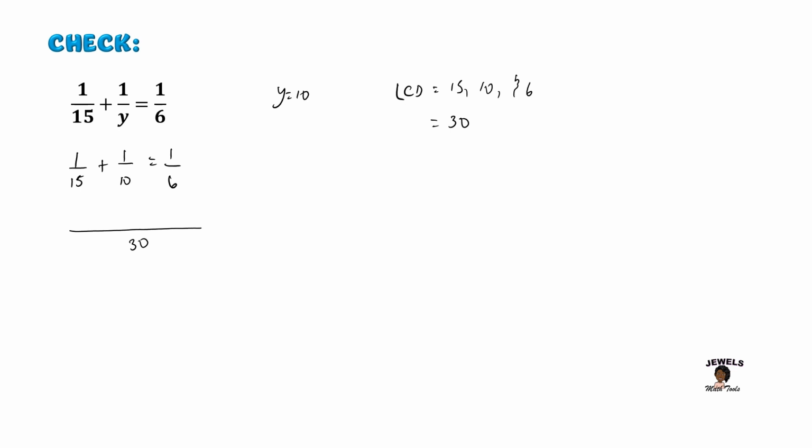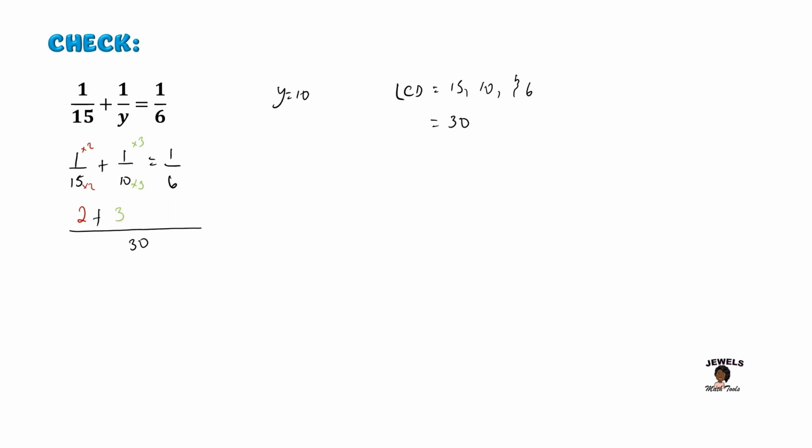So let's begin with my first fraction. Just like we did earlier, where we multiplied 15 times 2, we will multiply 15 times 2 again. So we're going to put in our 2. And now with my 10, we are going to be multiplying my 10 times 3, because 10 times 3 will equal 30, and 1 times 3 will equal 3.